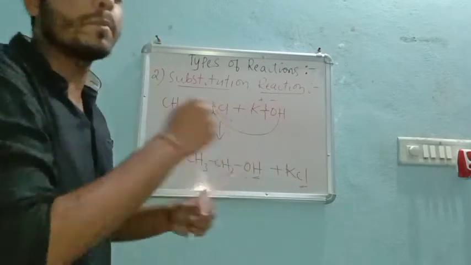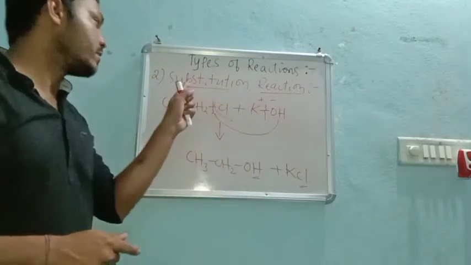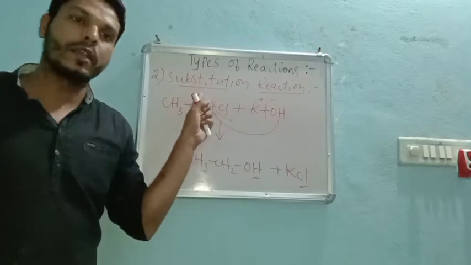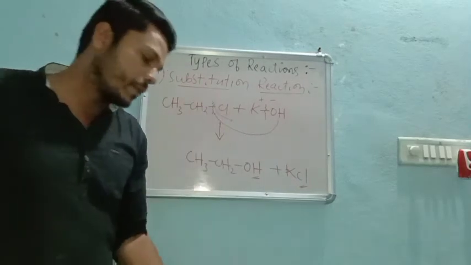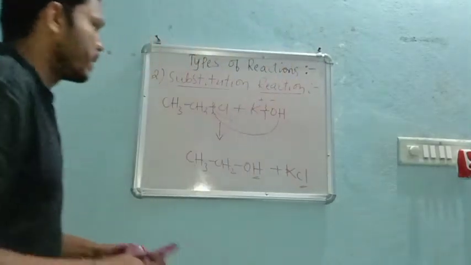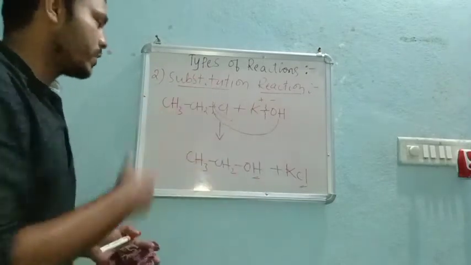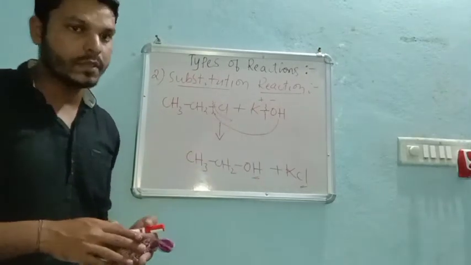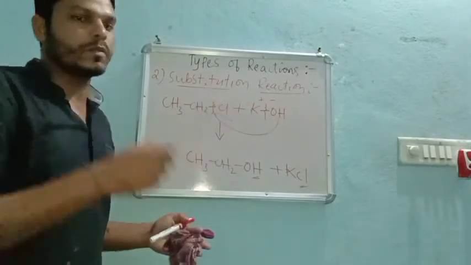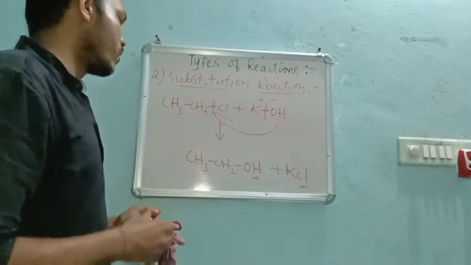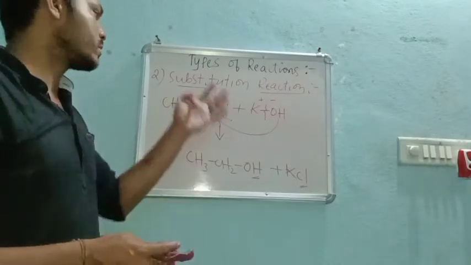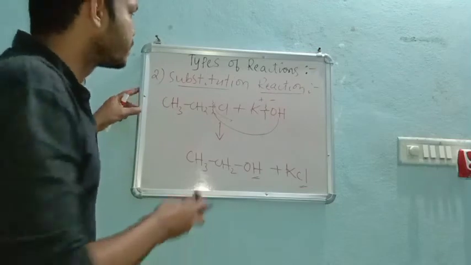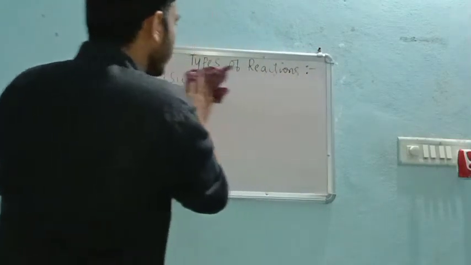That means replacing. That is nothing but the substitution reaction, right? Here elimination or addition will not take place. Just simply we replace one atom or a group with the other. Such reactions are called substitution reactions.